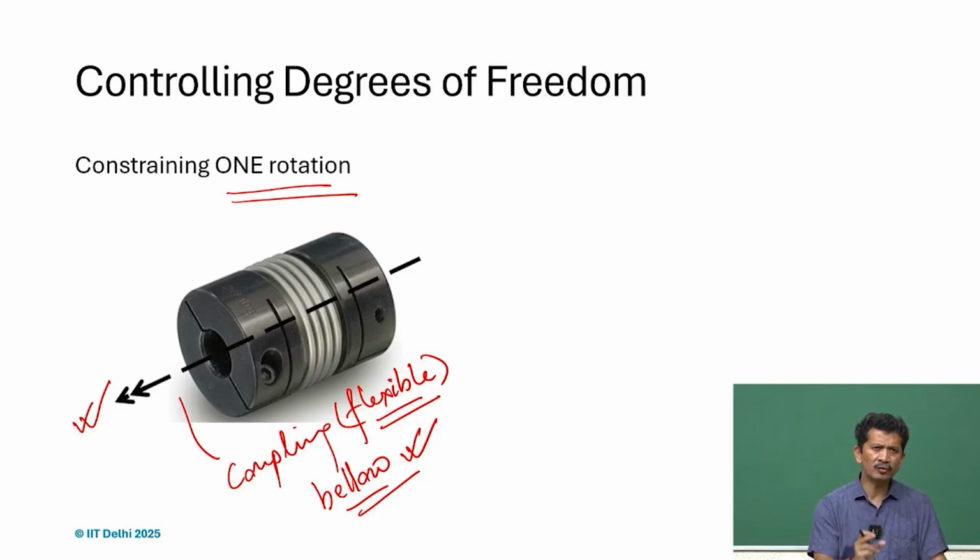But we can also use the coupling in a way just to constrain one rotation only. Of course, there are some limitations, and that we can discuss when we talk about flexures, but in general it can be used to just constrain one rotation. Another thing to note is that it is not a simple component, it is a very complex component, and there are many features here we may have to be aware of while designing these things.